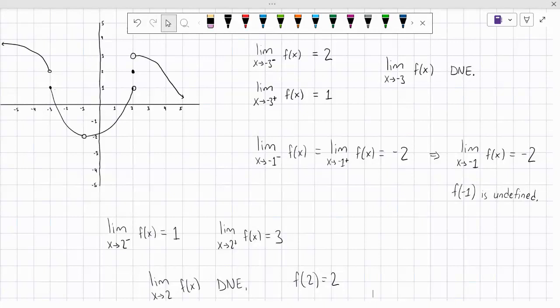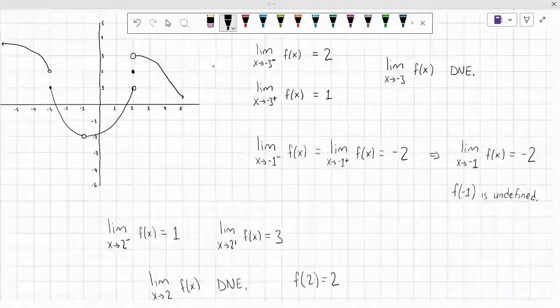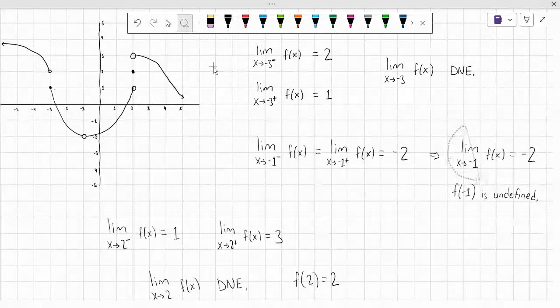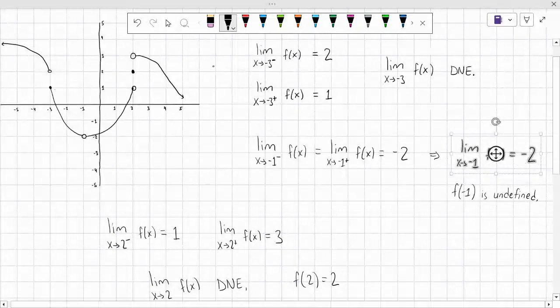Yeah. So if I were to relate it to what I went over at the beginning, the idea is you're letting x get closer. Let's look at this one here again.